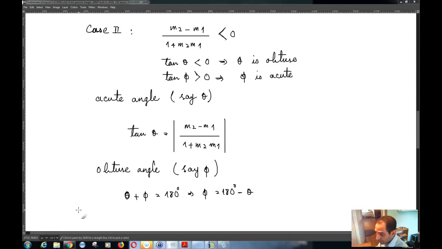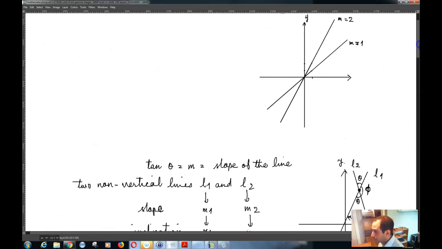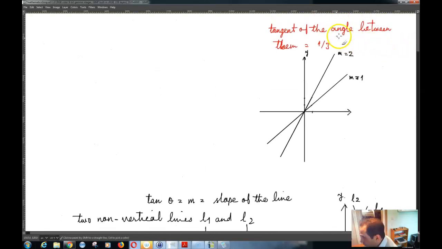Okay, so now if I know that tan of theta here is equal to 1/3, as we said over here, and let's say that m2 is equal to 2 times m1, then based on that, you can calculate both m1 and m2.